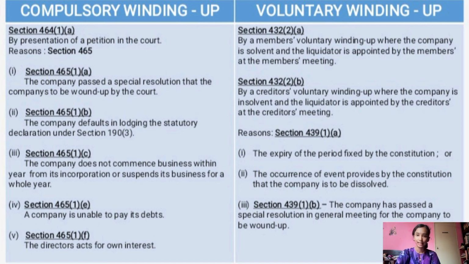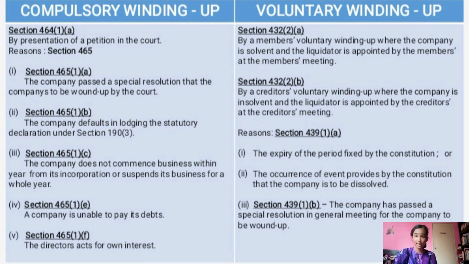For example, if DAT3B company is in debt and unable to pay its creditors, it is eligible to be wound up by the court, or commence a compulsory winding up. A company can also be subject to compulsory winding up if the director acts in his or her own interest. This is provided under section 465 subsection 1f.